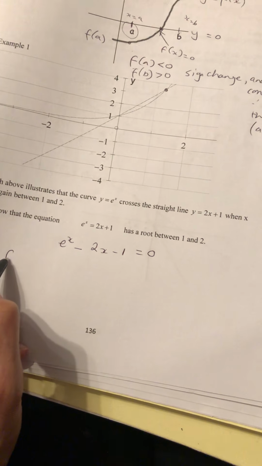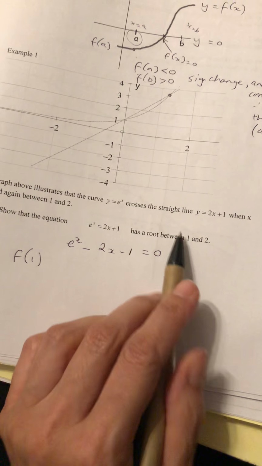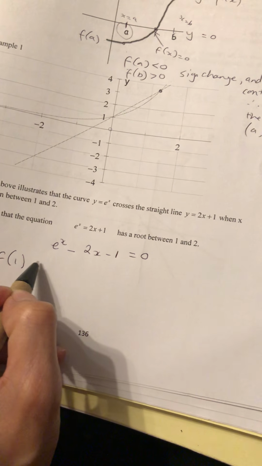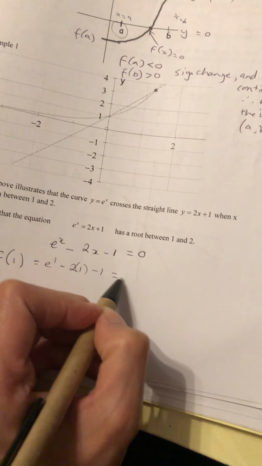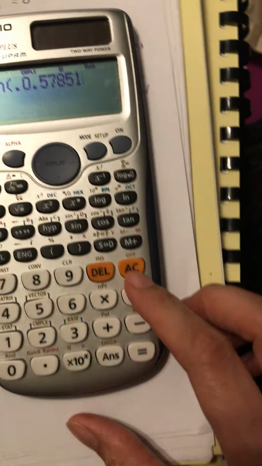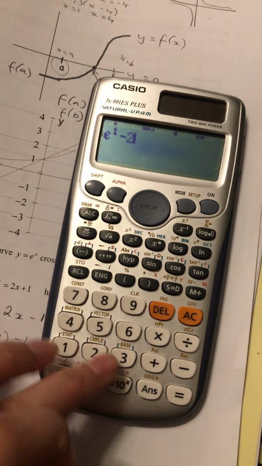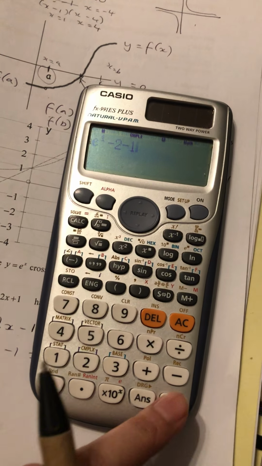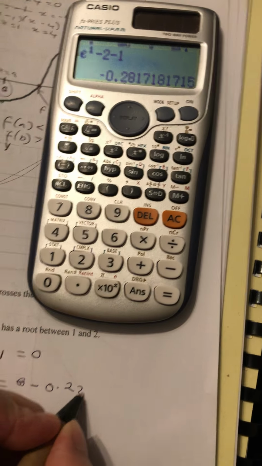And then I'm going to work out what that would equal if I subbed in the lower value, 1. So if you sub that in, e to the 1 minus 2 times 1, take 1, you work it out on your calculator, which I seem to have misplaced. Here we go. So I have got e to the 1 minus 2 minus 1 equals minus 0.28 something.